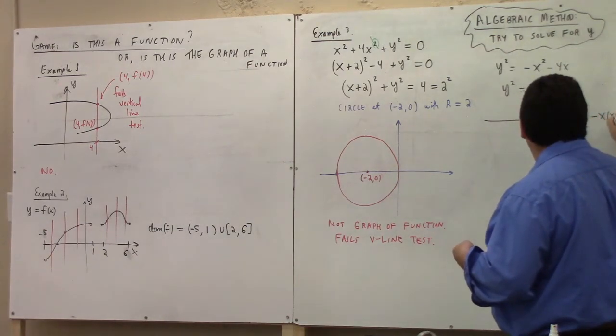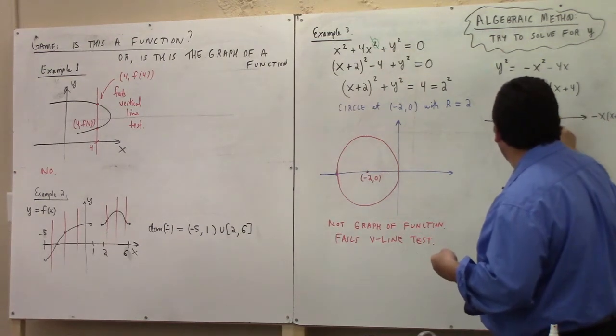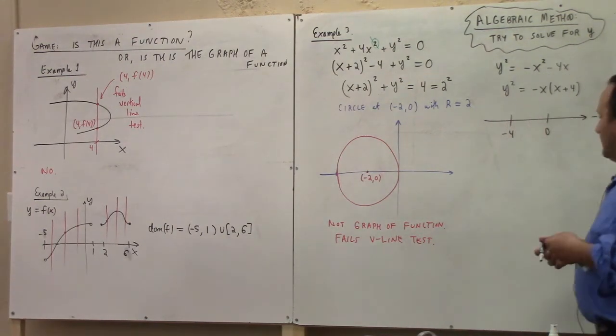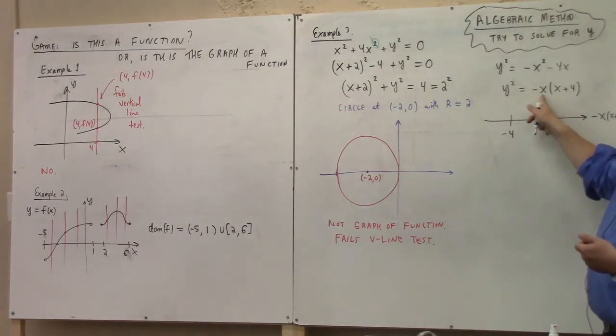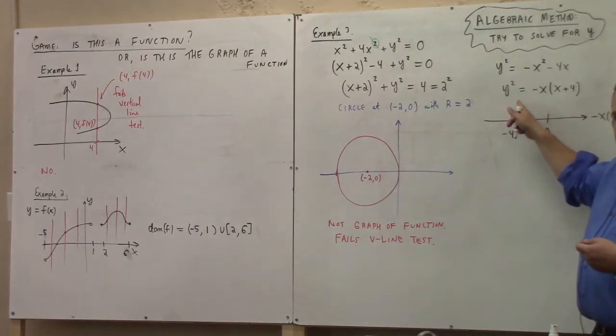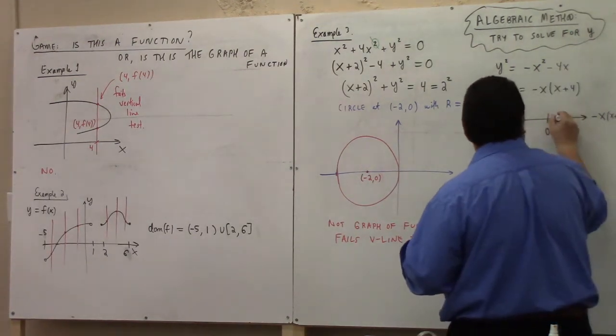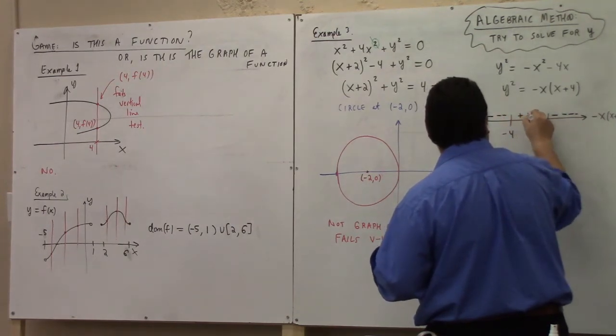We can put minus 4 here, we can put 0 here, and we can plug in some points. Like what happens when you plug in 1? 1 times 5, we get a minus 5, right? So this expression is negative over here. It's negative over here as well, and it's positive in the middle.